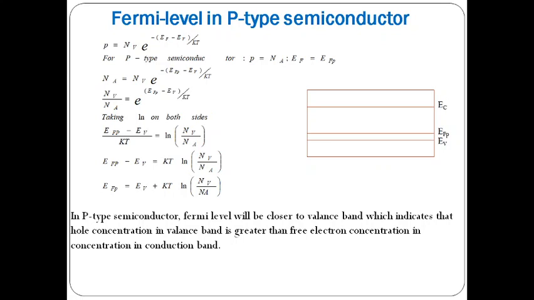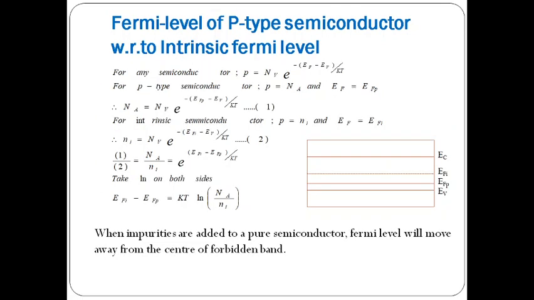In p-type material, it is very close to the valence band. So when you increase the impurity atoms in the p-type semiconductor, the Fermi level moves closer and becomes almost equal to the valence band of the p-type semiconductor with respect to the intrinsic Fermi level.